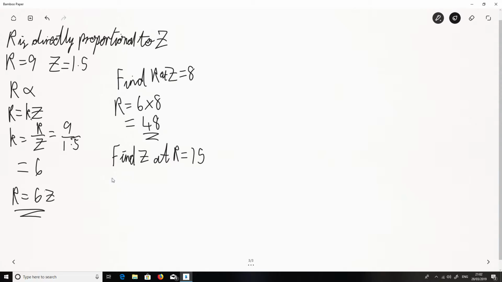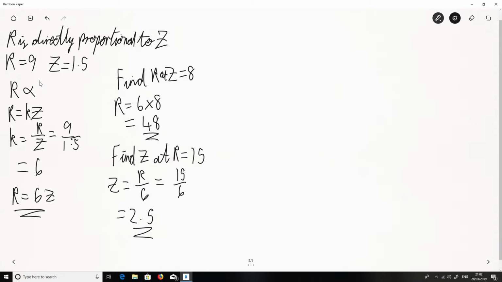So we want to find a value of z this time, so it's z equals r over 6, and that is equal to 15 over 6, and that is equal to 2.5. So there's all the answers to that question in just a minute or so of working.